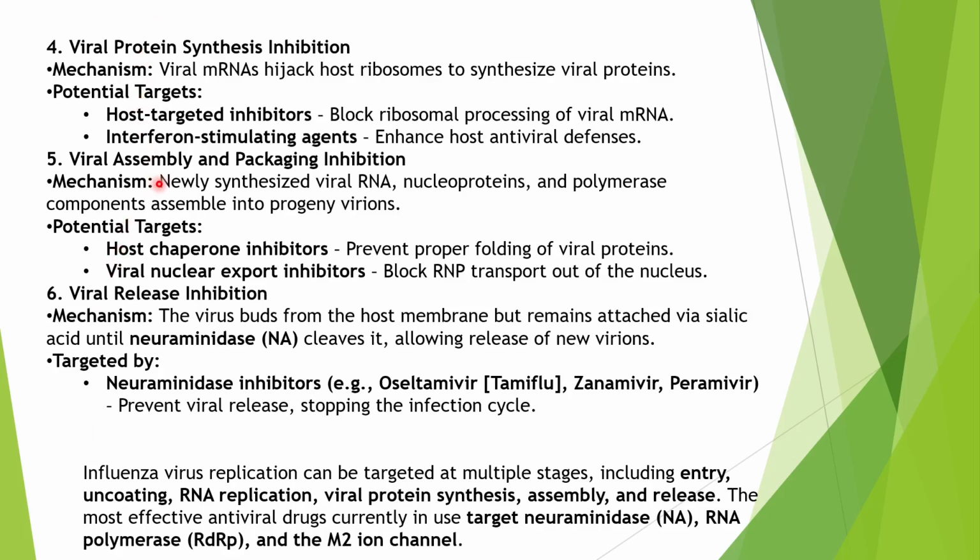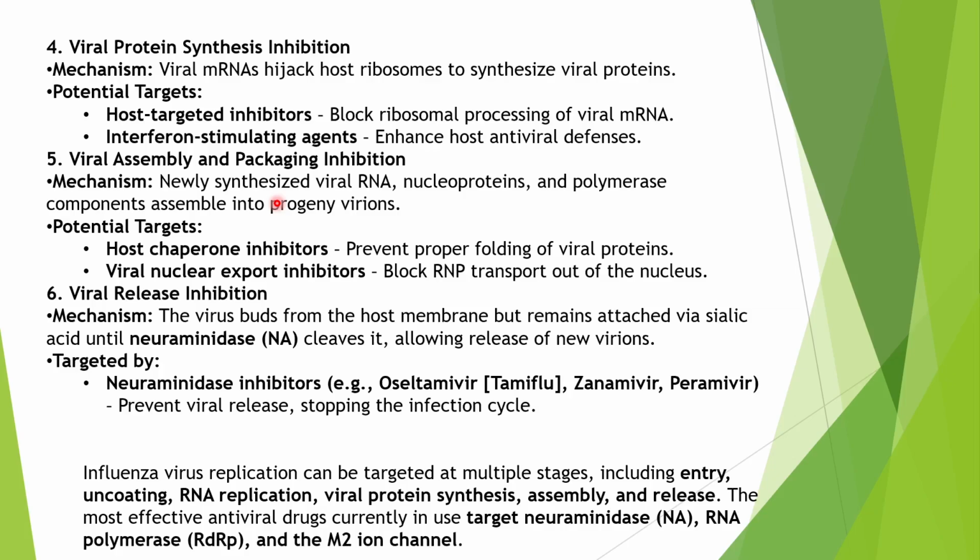So the next three steps we learned for inhibition are the viral protein synthesis, which is inhibited using host target inhibitors for ribosomal blocking, and then increasing the production of interferon using interferon stimulating agents. Then in the next step, the inhibition was to prevent the viral assembly and packaging.